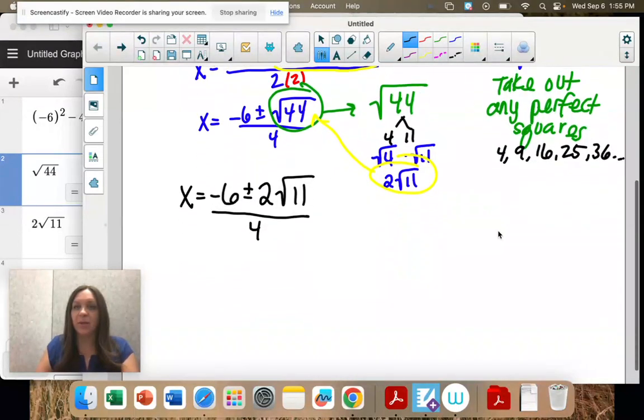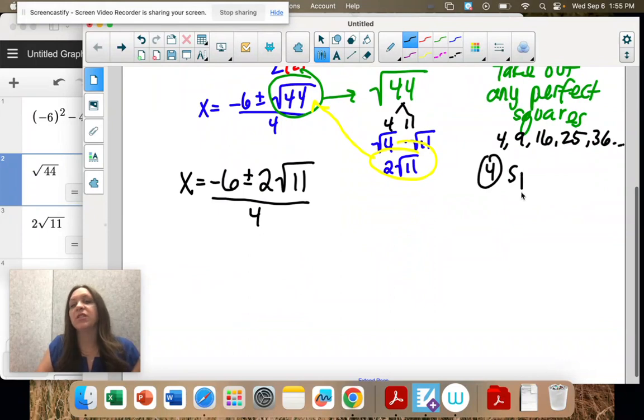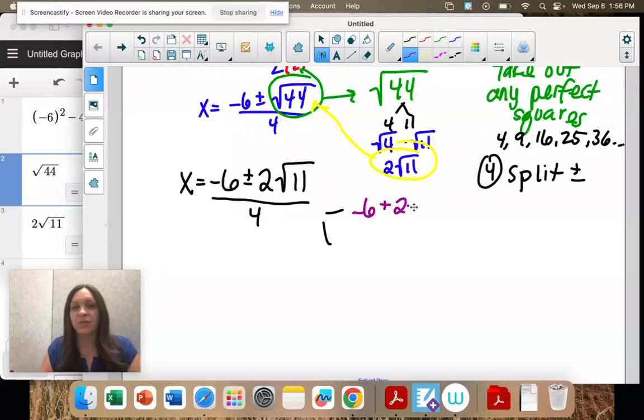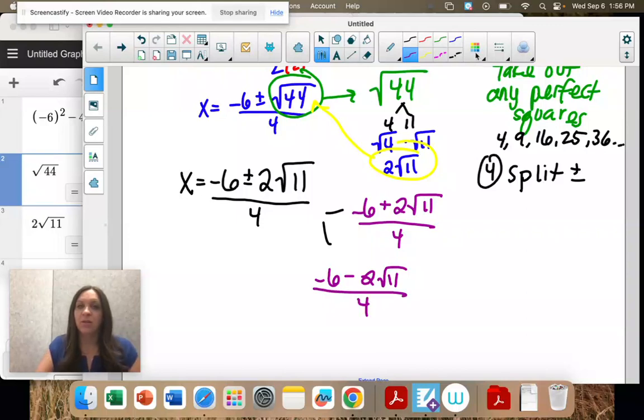And I did that because our next step, when we split the plus or minus, I have negative 6 plus 2 square roots of 11 over 4, and negative 6 minus 2 square root of 11 over 4. What happens is this is a big fraction that we can reduce. And I'm going to show you.